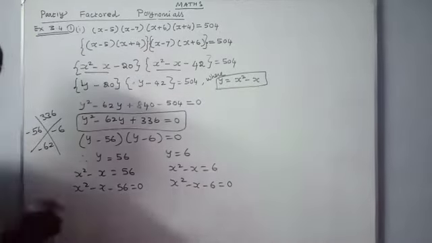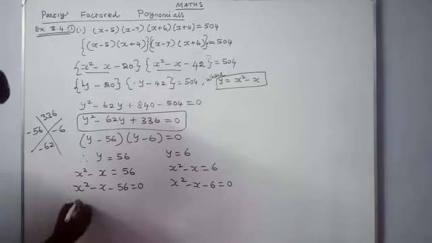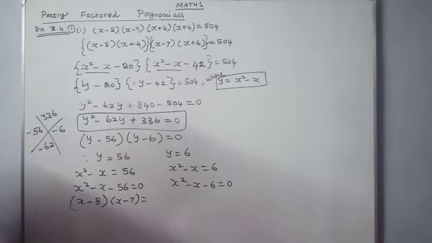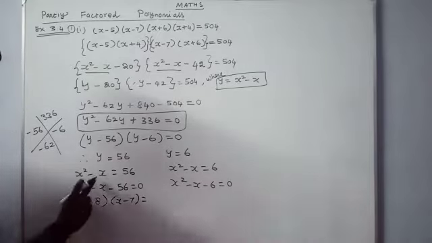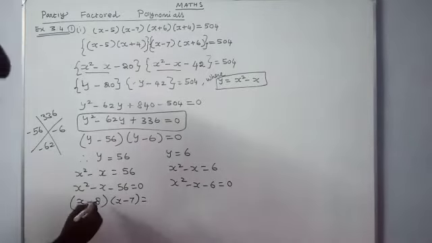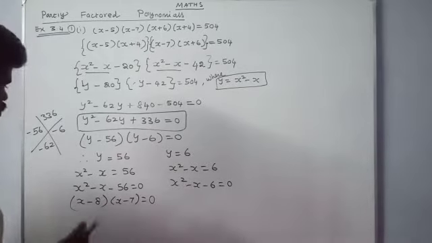These two are quadratic equations. Here we solve: (x minus 8)(x plus 7) equals 0 for the first.